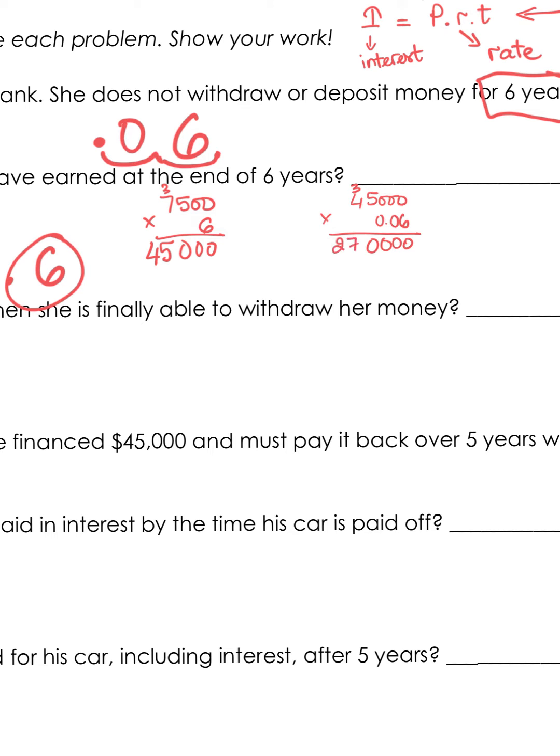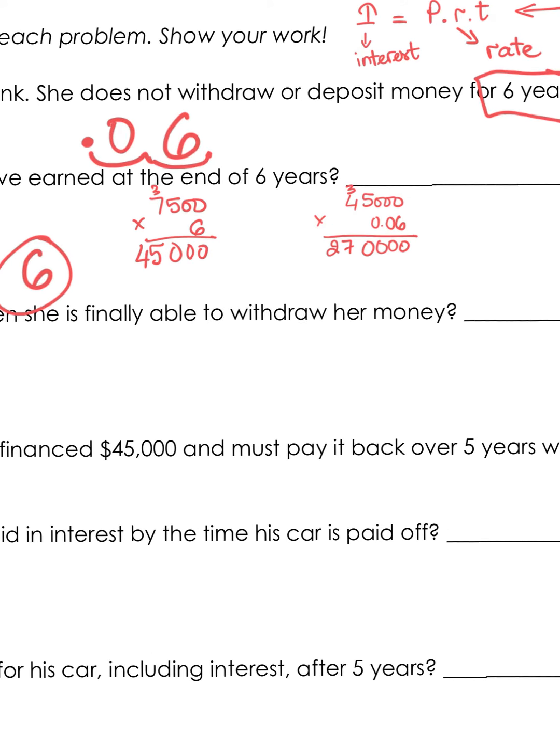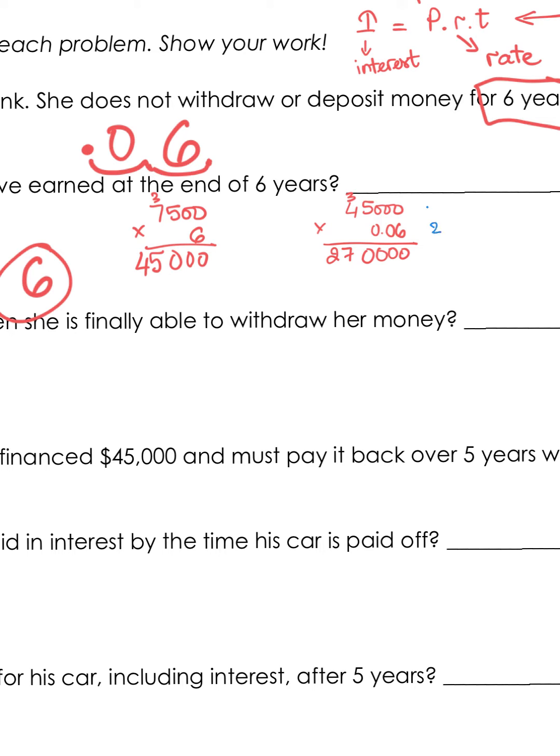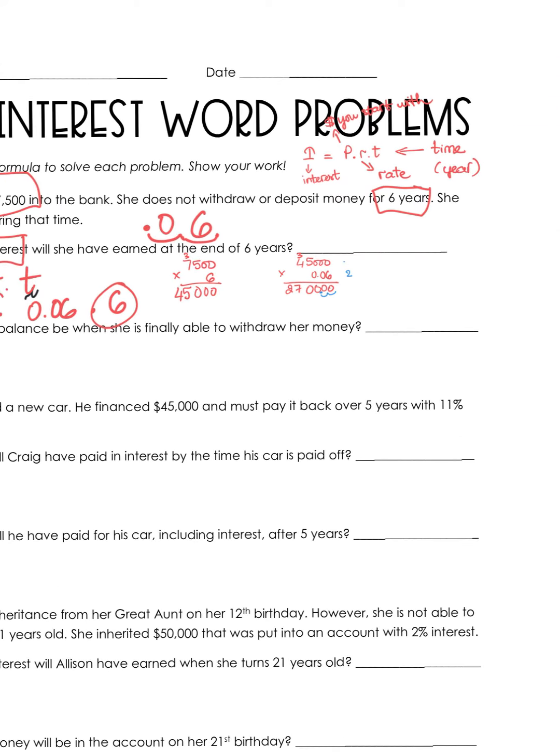And then when I multiply the 0, it will be the same. So my next step is I'm going to count how many decimal places I have to move. So this is none, this is 2. So I'm going to move 2 decimal places and stop right there. And that is my answer: 2,700.